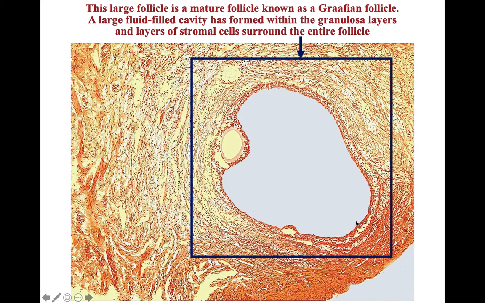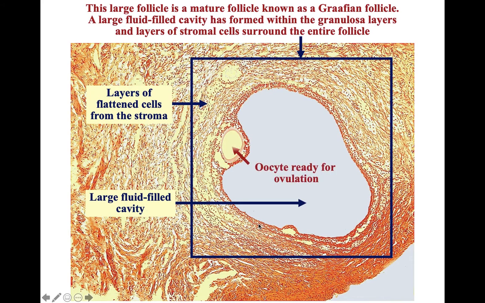At some point, the edge of the Graafian follicle and the edge of the ovary are going to fuse together, and the fluid inside the Graafian follicle is going to whoosh out, and as it comes out, it's also going to take with it the oocyte, which is ready to be released.